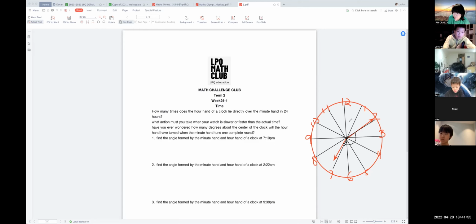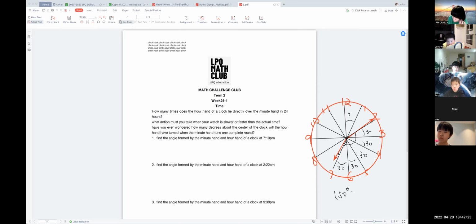So I want to ask you, each of the little parts is how many degrees? 30. Thank you. So 30, right? So we want to know exactly how many degrees between these 2 hands. So it's 30, 30, 30, 30, and 30. So at least it's 150 degrees, right?